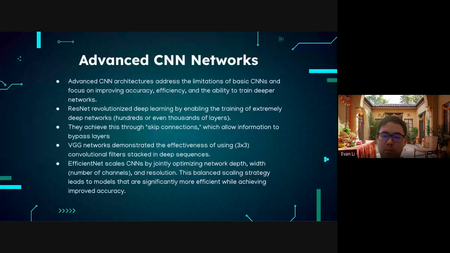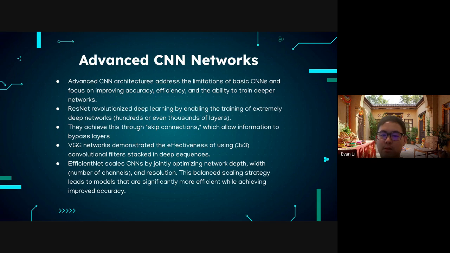As the field of computer vision matured and the demand for more sophisticated and accurate models grew, researchers began to develop advanced CNN architectures. These architectures represent an evolution beyond the foundational CNN designs, specifically engineered to overcome inherent limitations and to relentlessly push the boundaries of performance in various computer vision tasks.